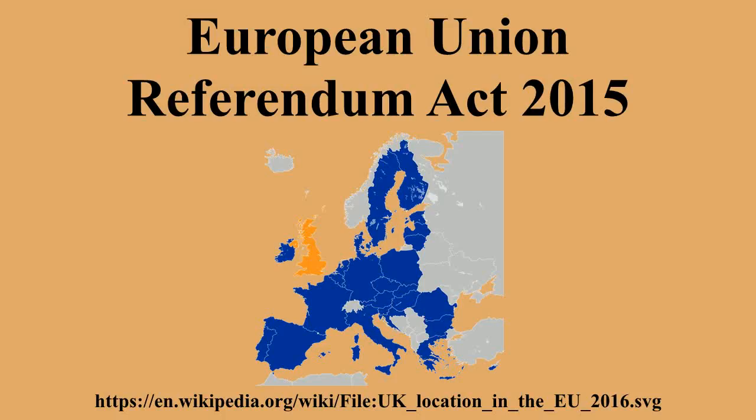There will be a total of 382 voting areas: 326 in England, 32 in Scotland, 22 in Wales, and single areas for Northern Ireland and Gibraltar.